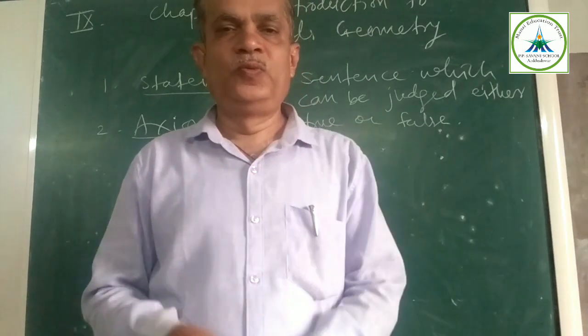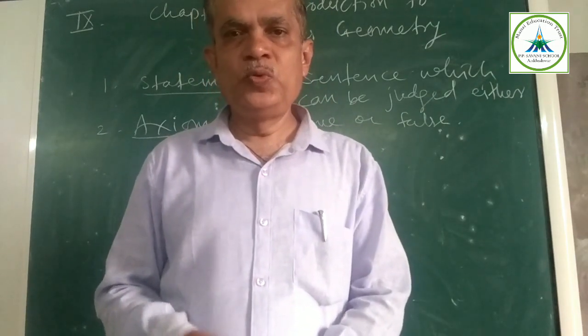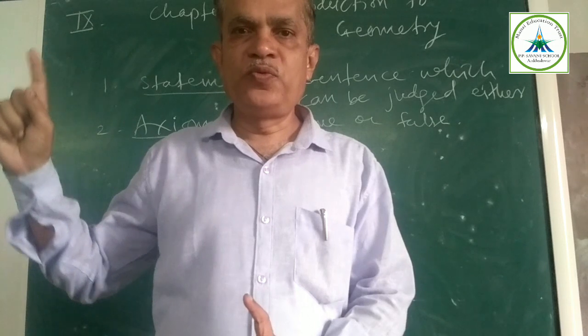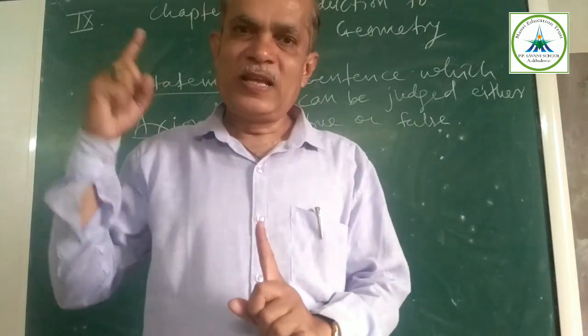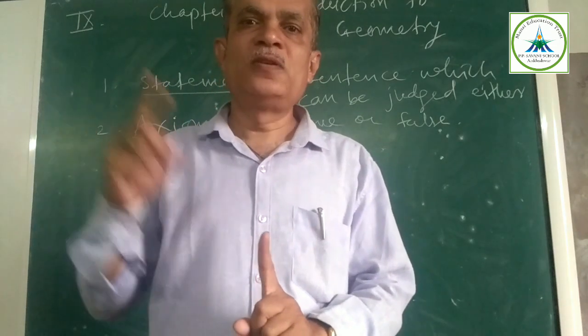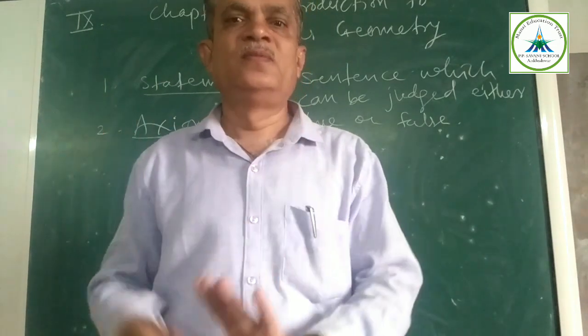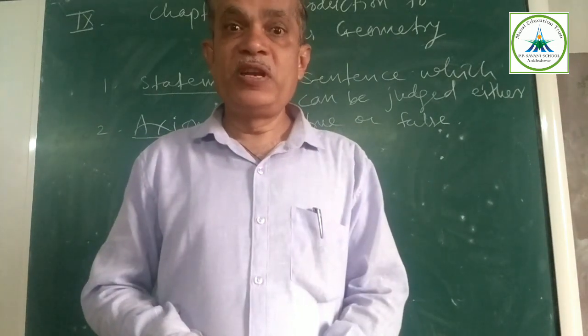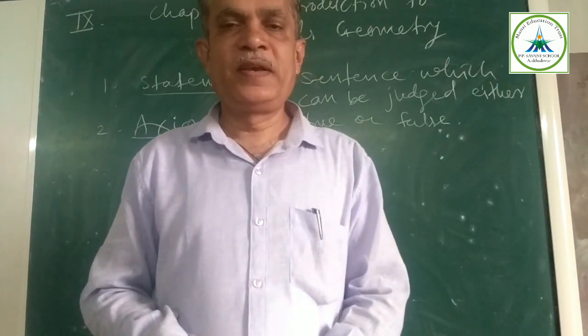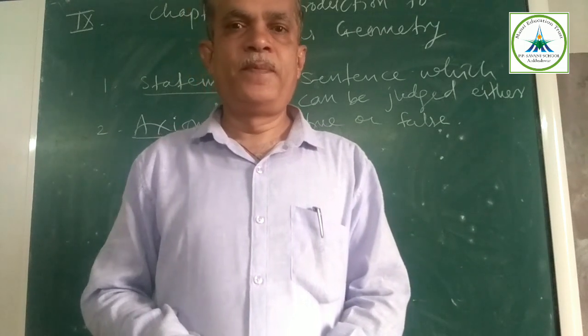So I am taking 2. What is preceding 2? 3, 4, 5, and so on. So 2 is less than 3, 2 is less than 4, 2 is less than 5. This is taken for granted without any proof. So that is called an axiom.